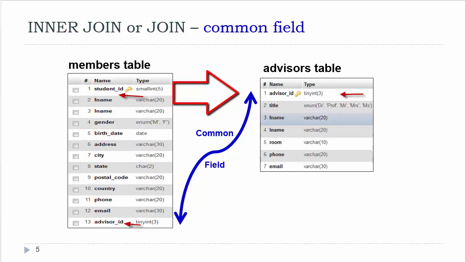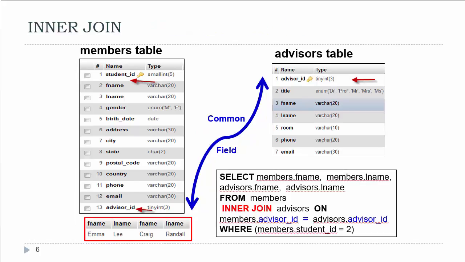Because it is not efficient to repeat data, we stored the information about the advisor in a separate table. However, should you wish to find out the name of the advisor that a student had, you could do this with a join. So we would be joining these two tables on a common field, which is the advisor ID.